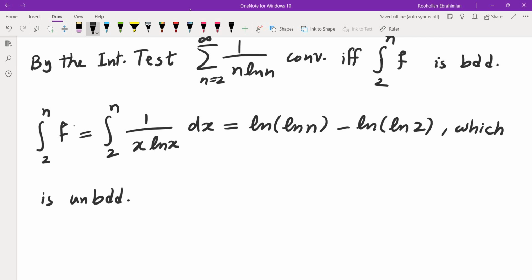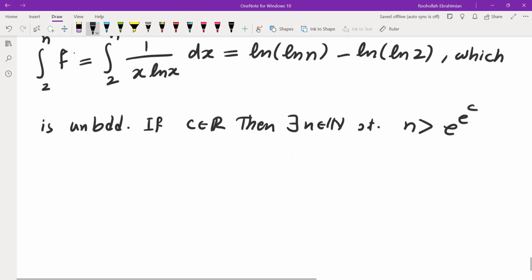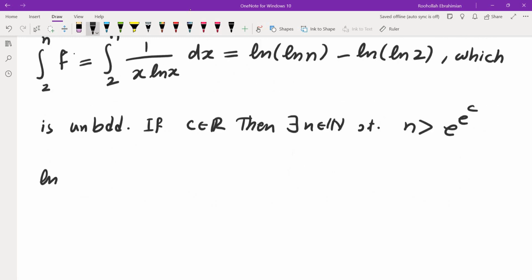And the reason is, if c is a real number, then there is a natural number n such that n is more than e to the c. So now if you look at natural log of n, that's greater than e to the c, which means natural log of n is greater than c.